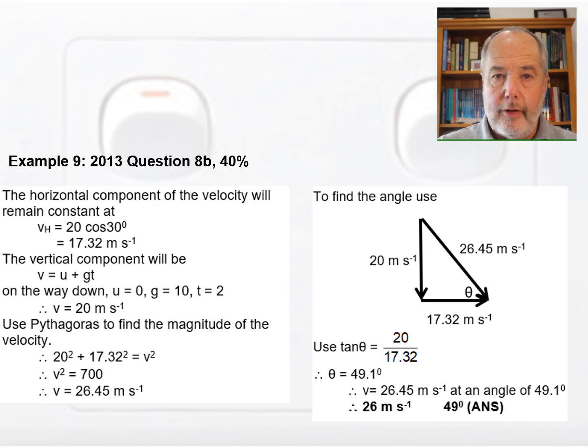Then using trig to find the angle to the horizontal gives me the tan of theta, and the angle theta is 49.1. We can probably only quote our answer to two sig figs, so the best answer is that the velocity is 26 meters per second and that the angle is 49 degrees to the horizontal.